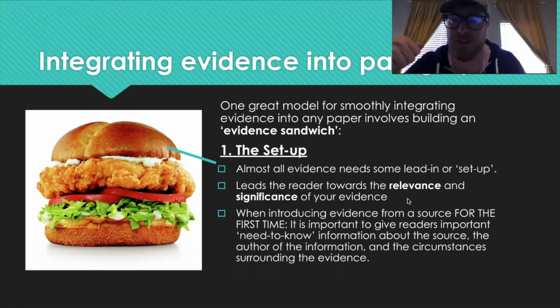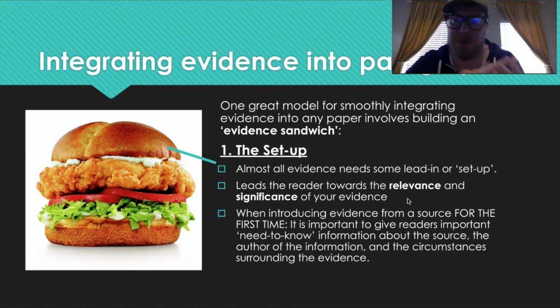If you just say, according to Richardson, blah, blah, those words mean nothing if the reader has no idea who Richardson is, or what the article Richardson was writing about says. Without that setup, that context, it really is a meaningless statement, because most readers will probably scratch their head and go, why should I believe Richardson? And why are Richardson's thoughts even relevant to this?